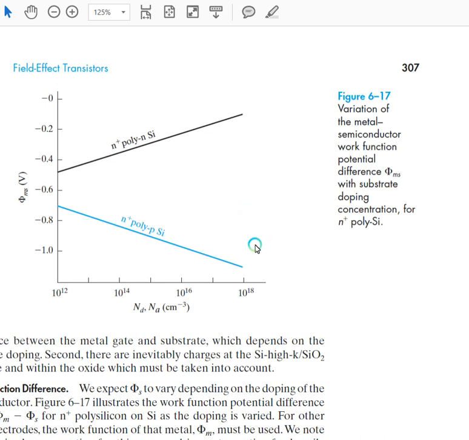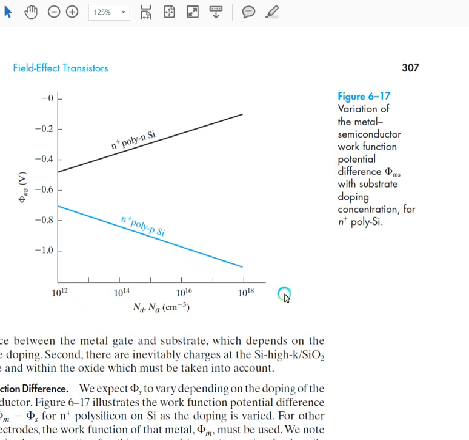Now here comes figure 6.17, which shows phi ms, the work function difference between the metal and the semiconductor, for an N plus poly on N silicon or an N plus poly on P silicon. That means when the gate is N poly and the substrate is N type, and when the gate is N poly and the substrate is P type.